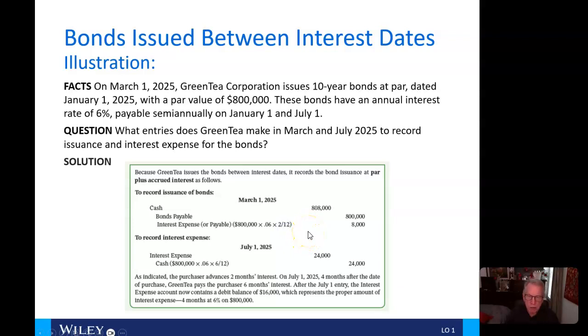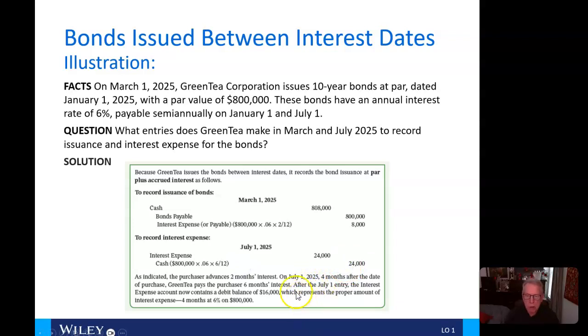That's January and February. So you'll notice that's a credit to interest expense, which is a negative expense. So then on July 1, when we actually pay our interest payment, we'll debit interest expense for the full $24,000 and credit cash for the full $24,000.